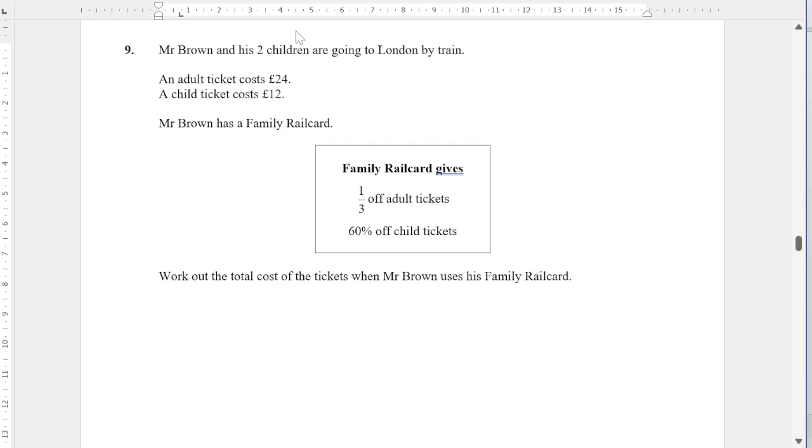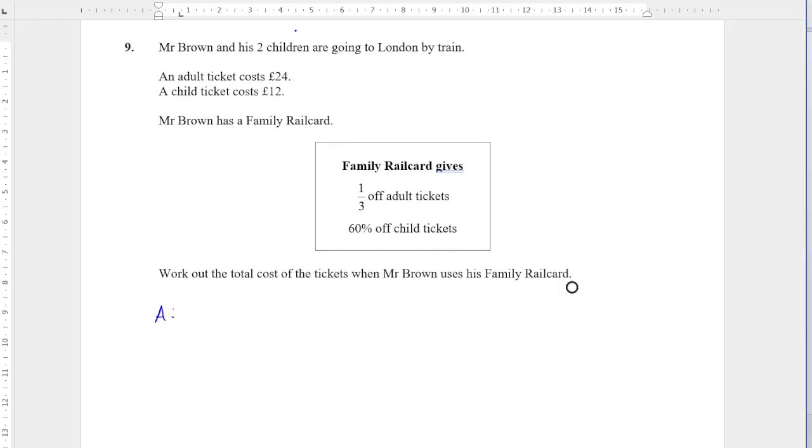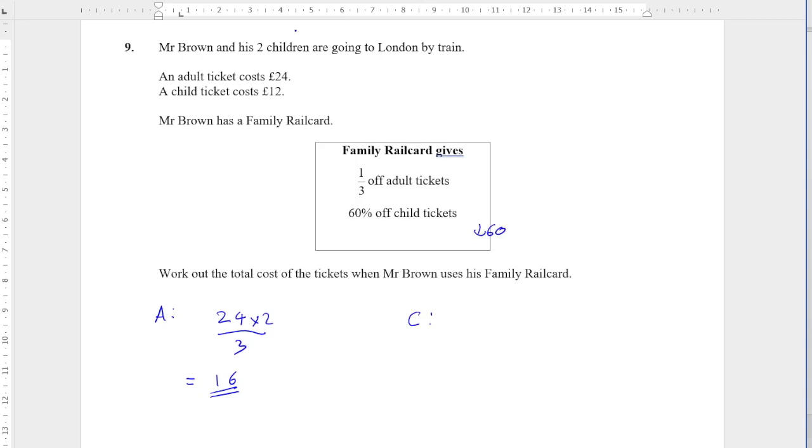So if we start with the adult first of all, so we've got 1/3 off the price, so we want 2/3 of the price. So 24 divided by 3 is 8. 8 times by 2 is 16. So for the child's price, if we've got 60% off, then we're trying to find 40% of the original price.